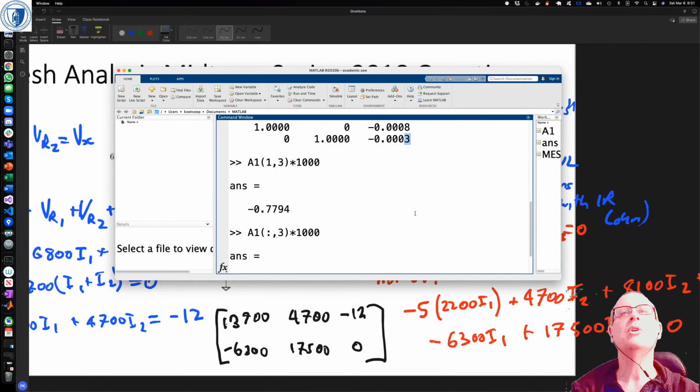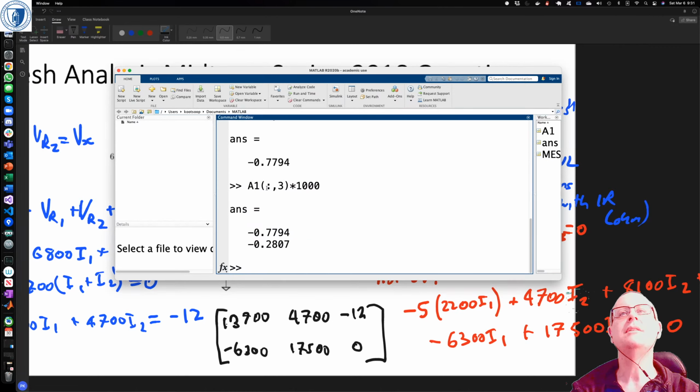So what I wanted to do, this is just saying give me all rows at column 3 and multiply it by 1,000. That way I can see 4 significant figures. Okay, thank you.